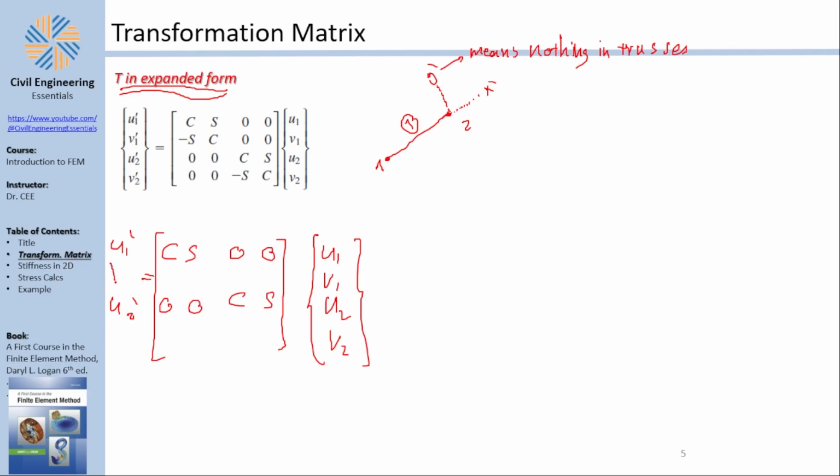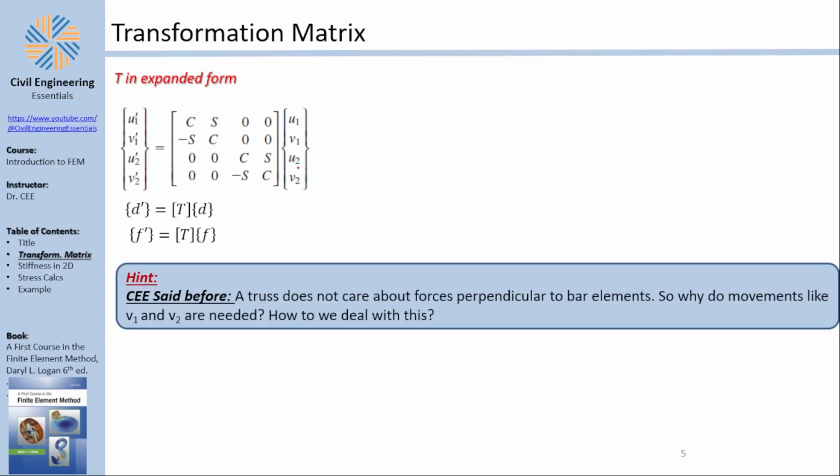So I am going to add a movement in the local y-axis at node number 1 and a movement in the local y-axis at node number 2. And of course, V, based on a previous explanation, is negative sine, cosine, 0, 0, and this is 0, 0, negative sine, cosine. Okay? Once again, you might need to listen to this transformation matrix stuff multiple times and check out Daryl L. Logan's book to understand this fully.